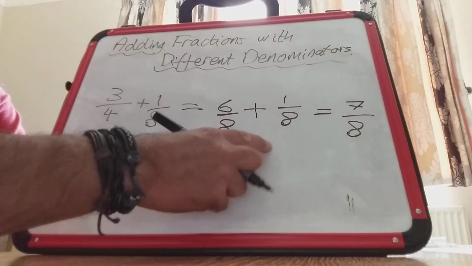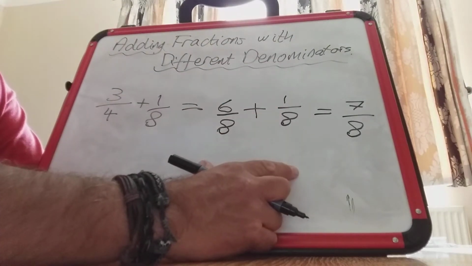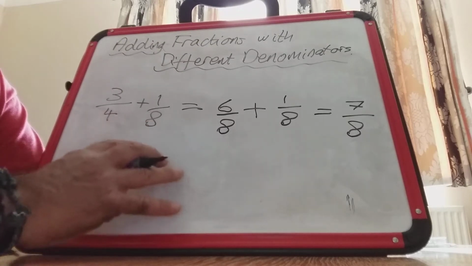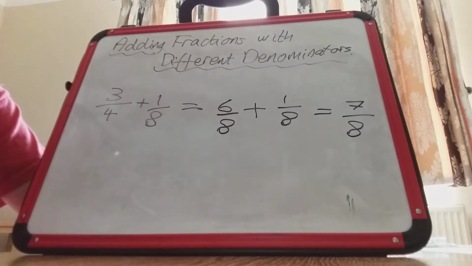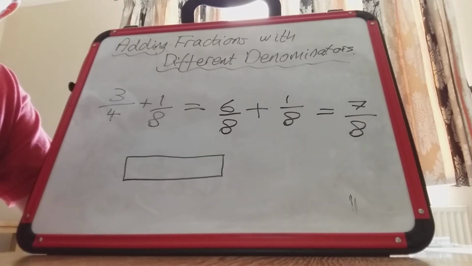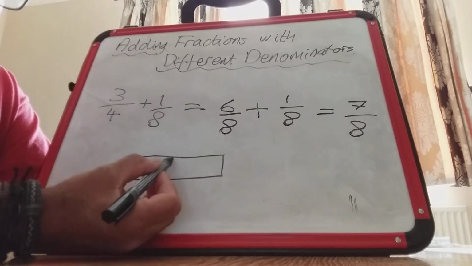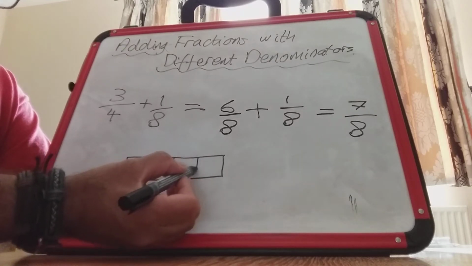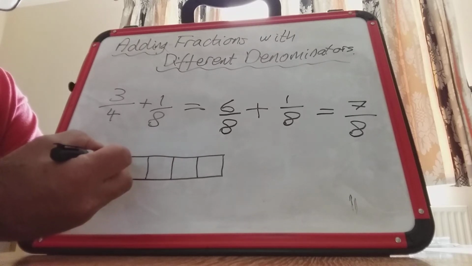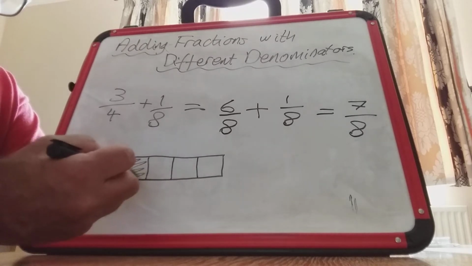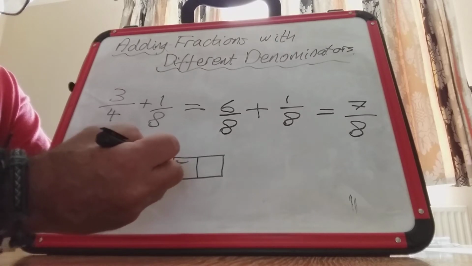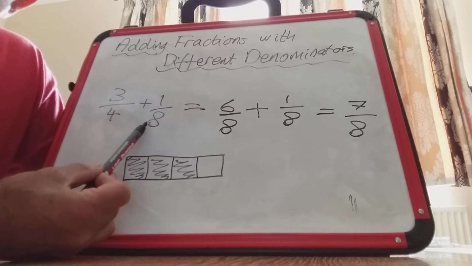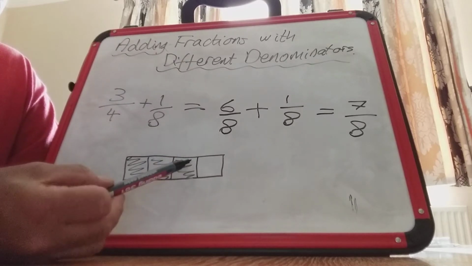Now what I'll do is set this example up using the bar model and show you how you can use the bar model to do this example. Let's start with 3/4. So 3/4 we've got squiggle, squiggle, and squiggle. The problem is we want to add 1/8, but we haven't got eighths, we've got quarters.